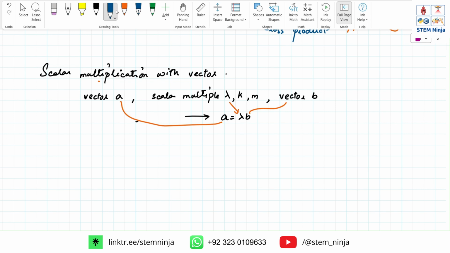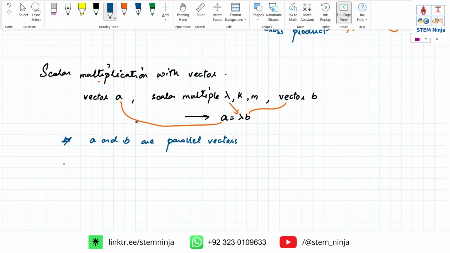But there are two other properties associated with this. A and B are parallel vectors, which means scalar multiplication with a vector creates a parallel vector. Secondly, their magnitudes are also related by the same scalar multiple.